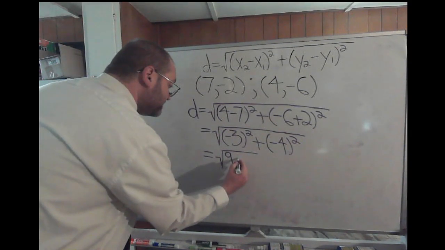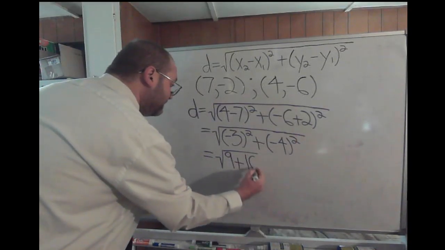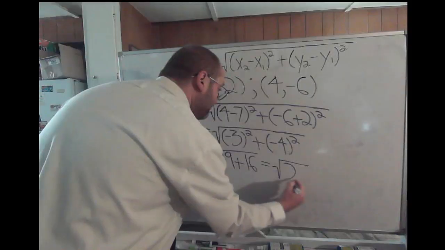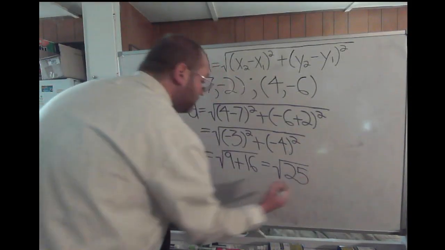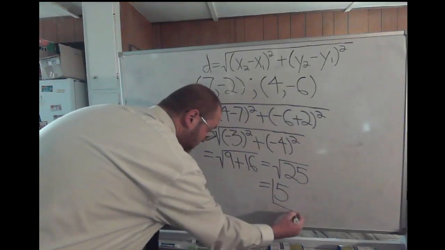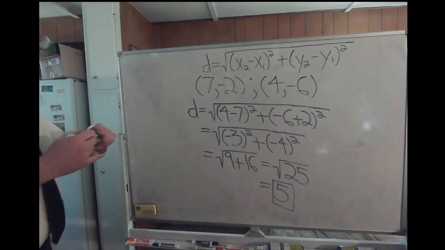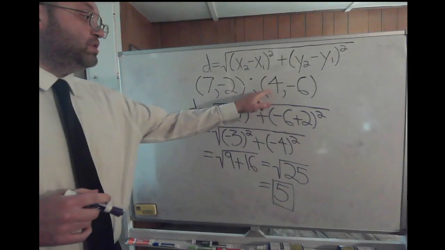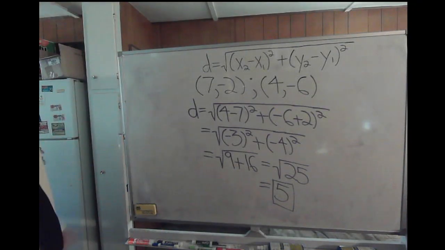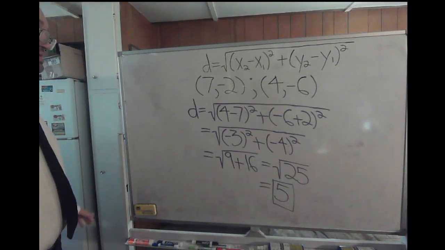Plus -4 to the second power, that's 16. 9 plus 16 equals 25, which then the square root of 25 is just 5. So the distance between (7, -2) and (4, -6) is going to equal 5. And that would be the solution.